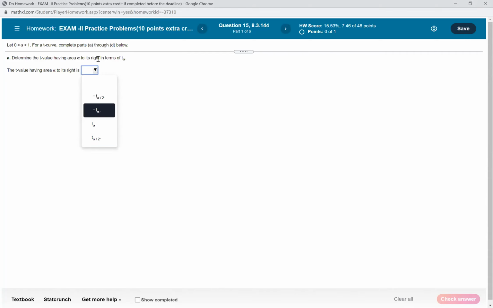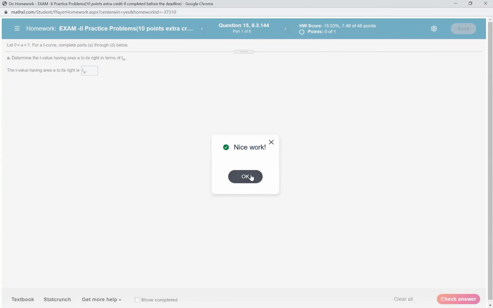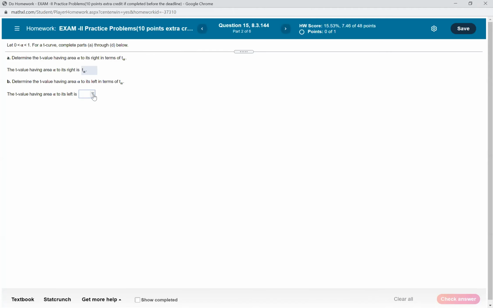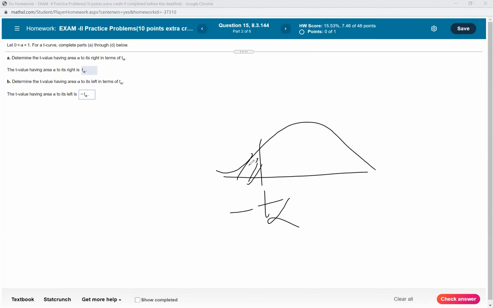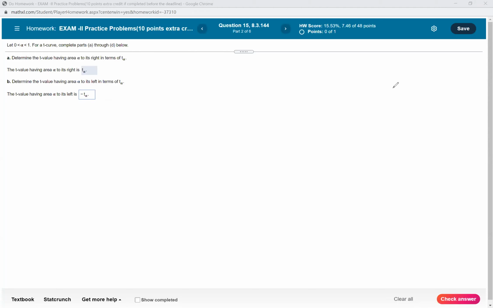Since this is the T value having area on the right tail, it will be T alpha, positive. And when we are finding the area on the left, it should be negative T alpha, because for a left-tail test we say this is negative T alpha, so we find this area.